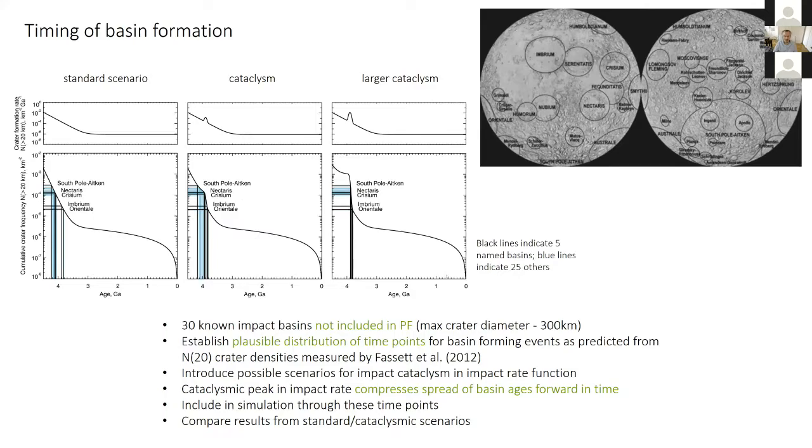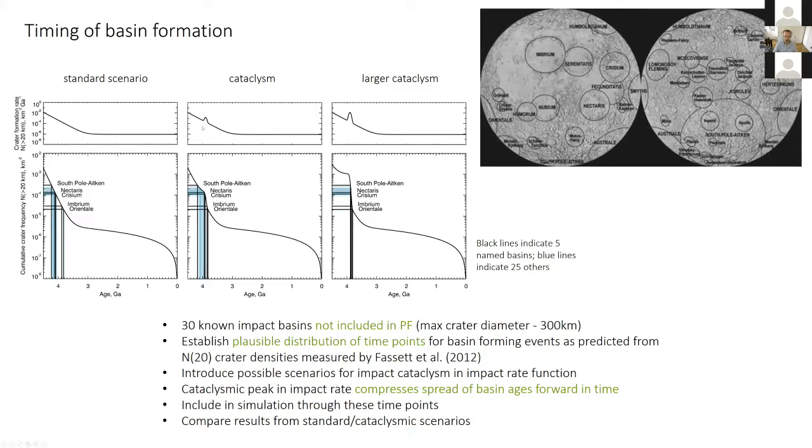Now we want to look at some possible cataclysm scenarios, and how the cataclysm actually was. There have been many different suggestions for how that might be. But one possibility is it's just like a kind of a Gaussian peak that occurred at that time.